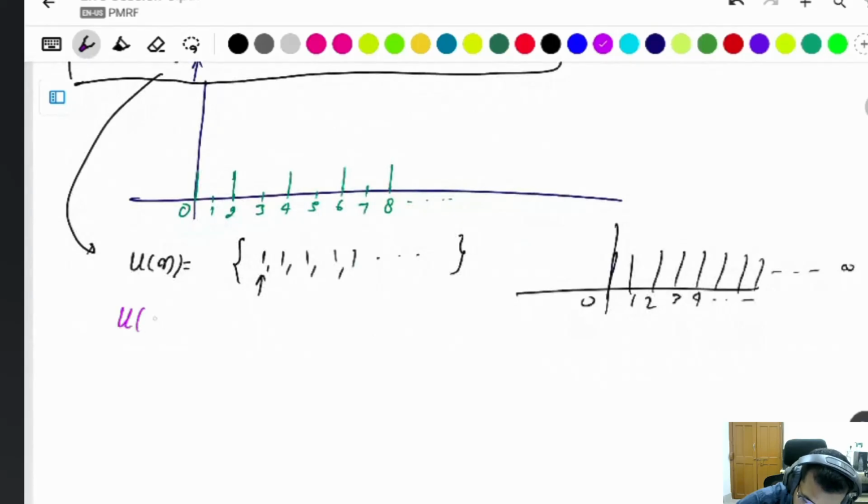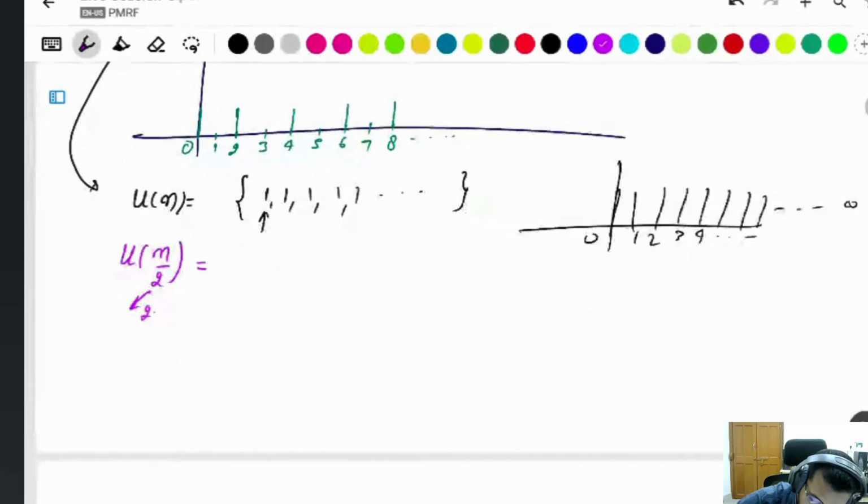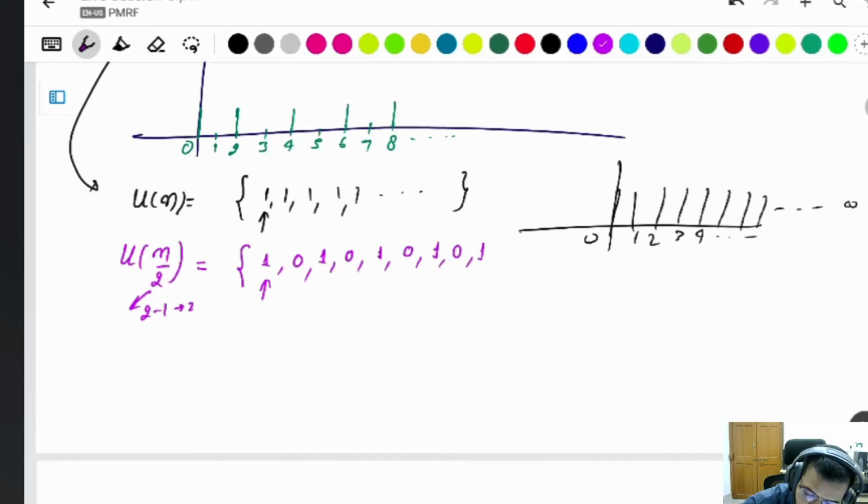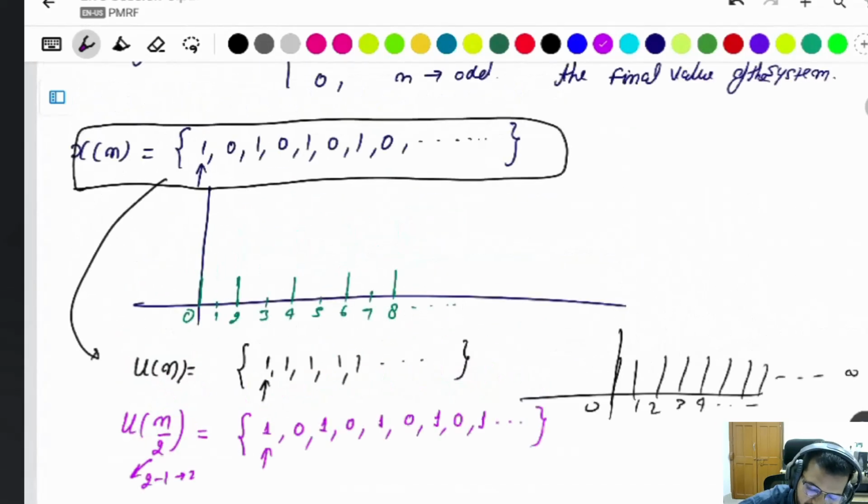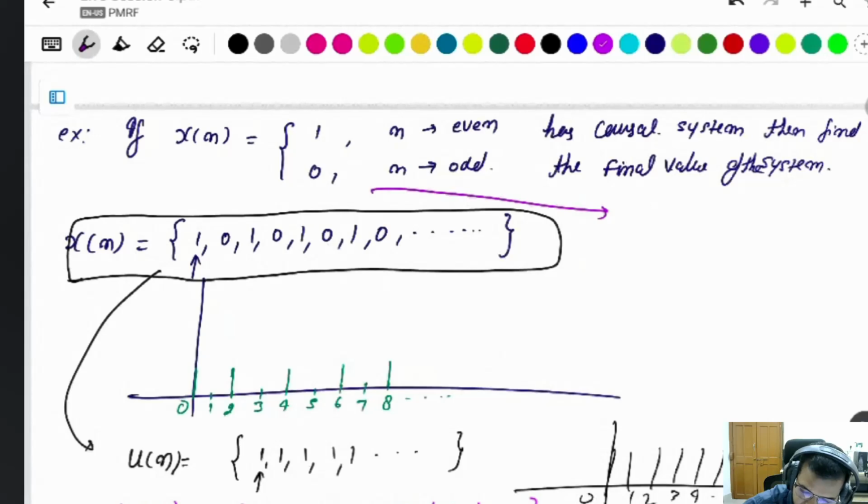Time expansion means n divided by 2. Then you have to put 2 minus 1 zeros in between. The arrow is here at 1, then put 2 minus 1, that is 1 zero, then 1, 0, 1, 0, 1 like that. It means this system can be written as u[n/2].